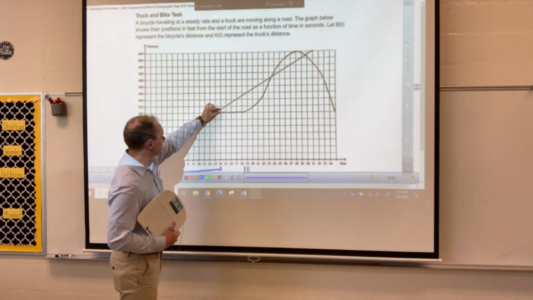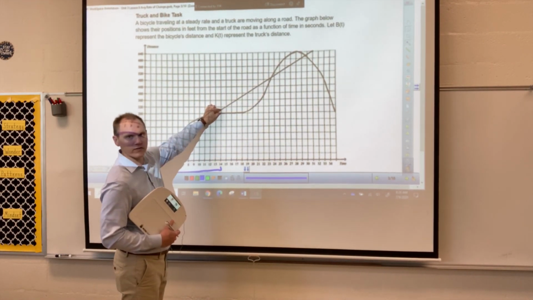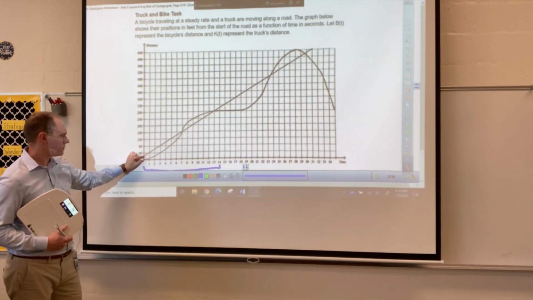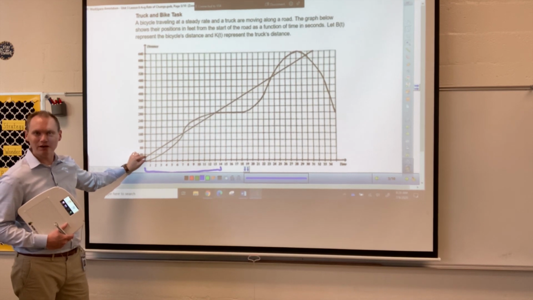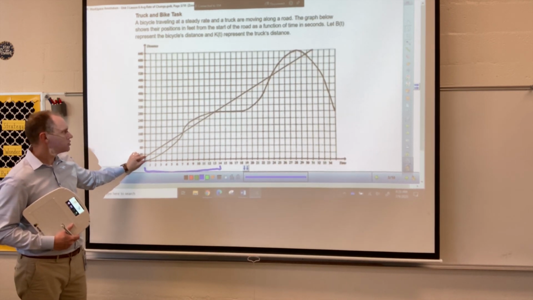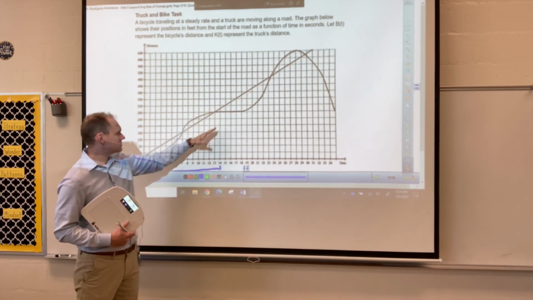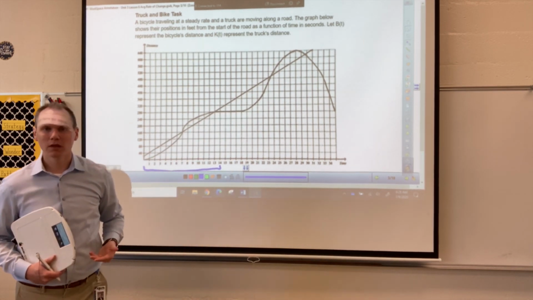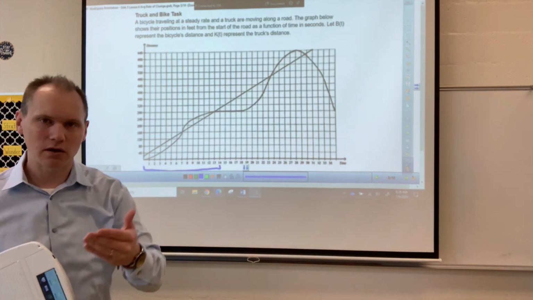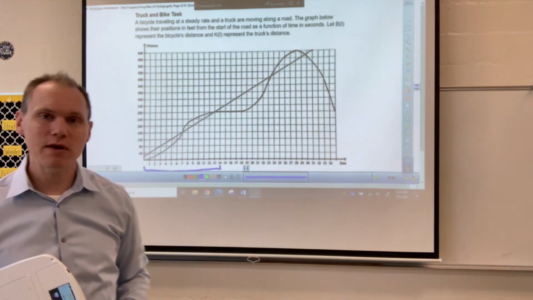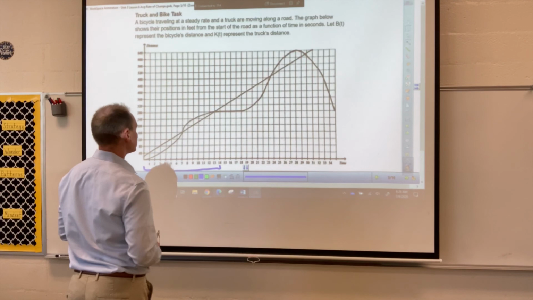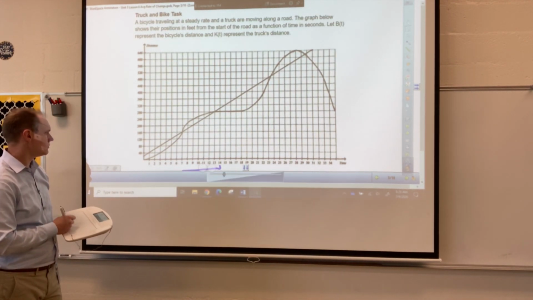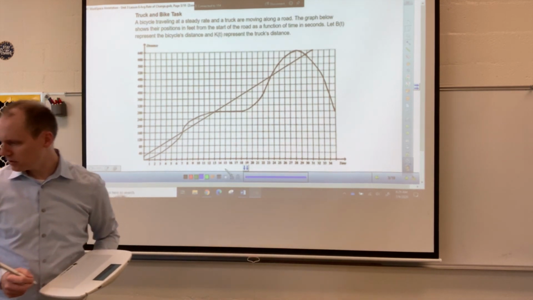So it looks like the bike is about 20 feet ahead of the truck here. We started with the bike being 20 feet ahead of the truck. So they traveled the same distance over the same amount of time because the bike is still 20 feet ahead of the truck. We could do the calculations and I'll leave you to do that, but they have the same average rate of change over that period of time because they traveled the same distance over the same amount of time.